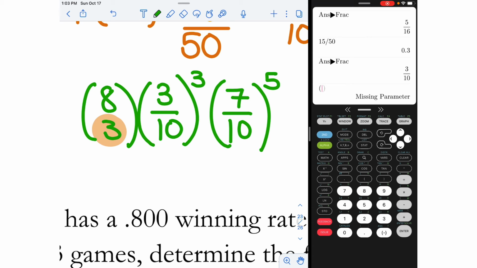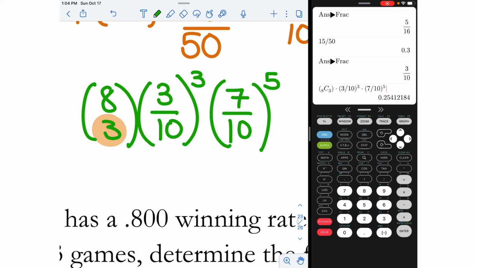Let's do this. Parentheses, math, and CR, 8 choose 3, times 3/10 raised to the third. I could type a multiplication symbol in between, but I really don't need it technically. Times parentheses 7/10 raised to the 5th.